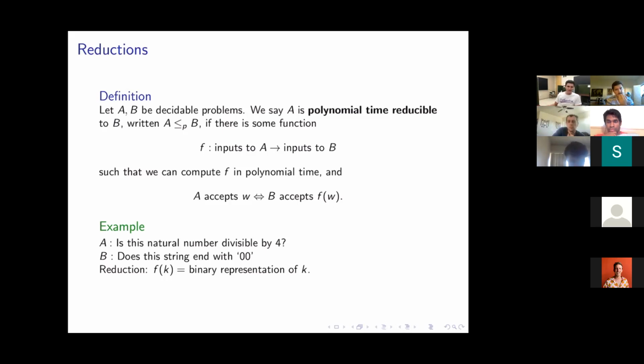So if I can solve B, I can solve A very quickly, just by this polynomial reduction to B. Cool. Questions about reducibility?